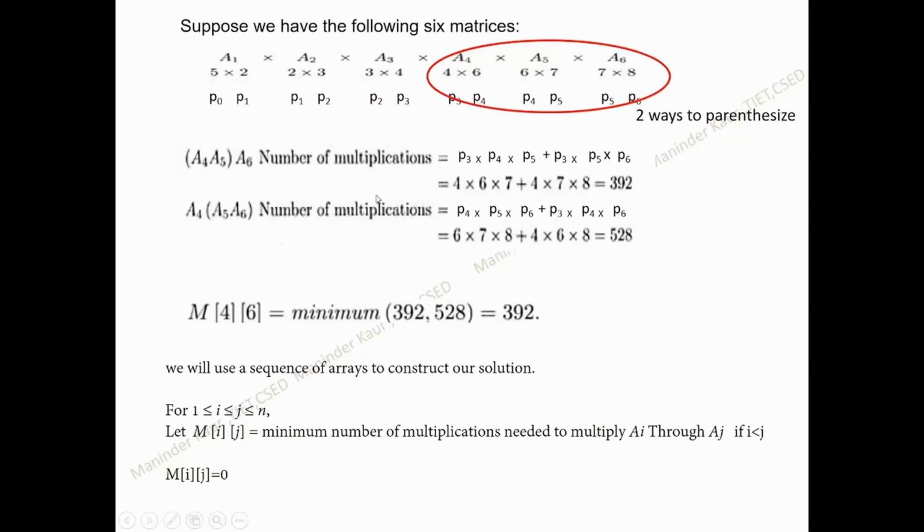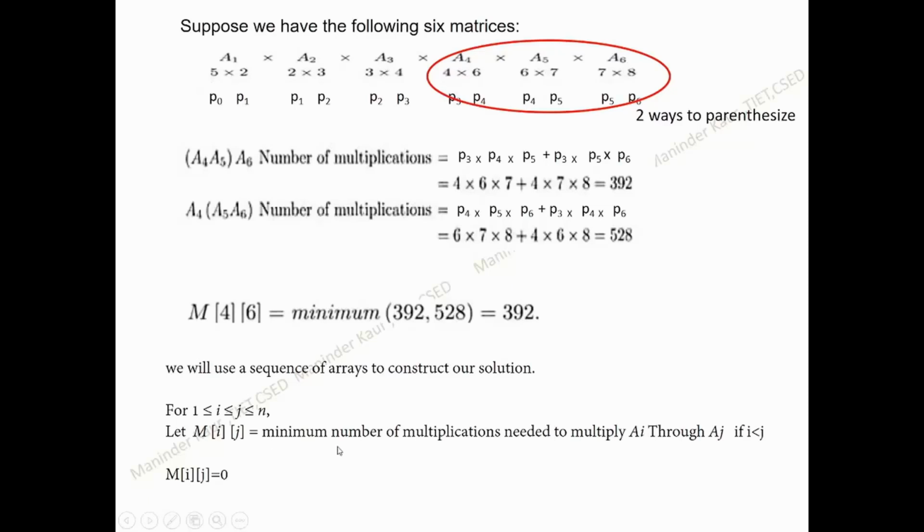That means the value at this position, M4,6, represents the minimum number of multiplications required to multiply the sequence of matrices A4 multiplied by A5 multiplied by A6. That means M4,6 means, from A4 through A6, how many multiplications are required? This is the representation for the same.